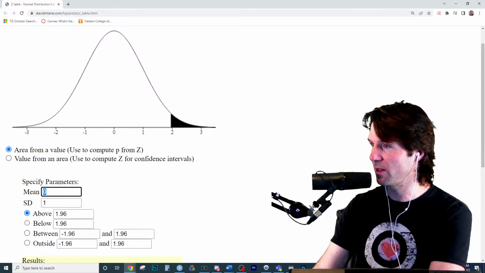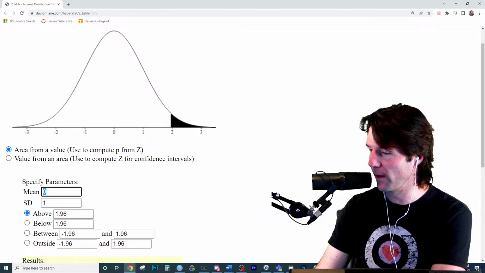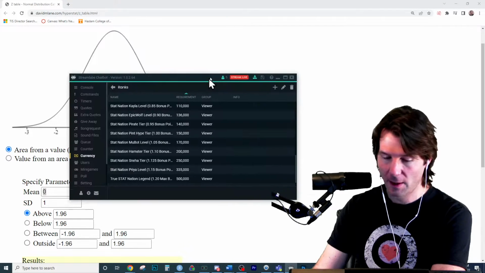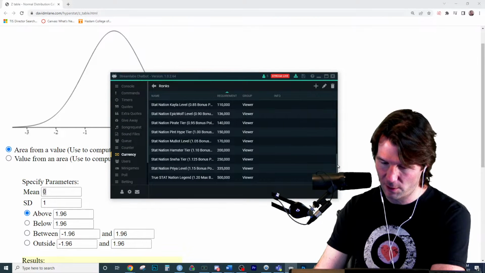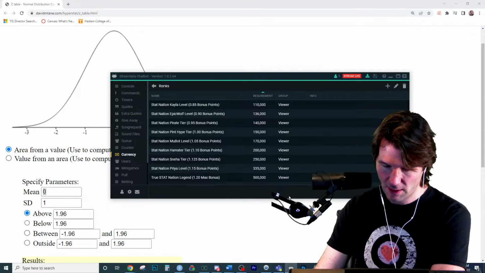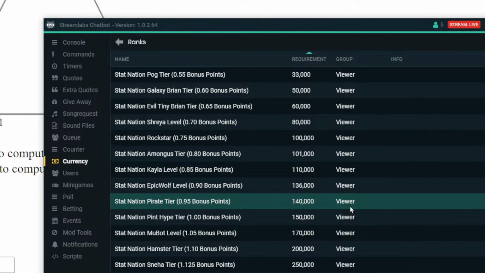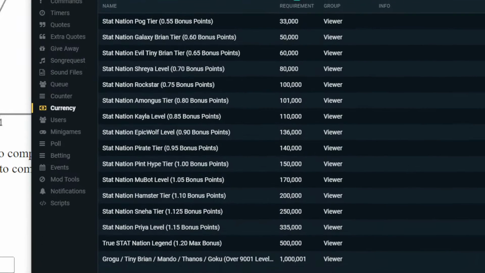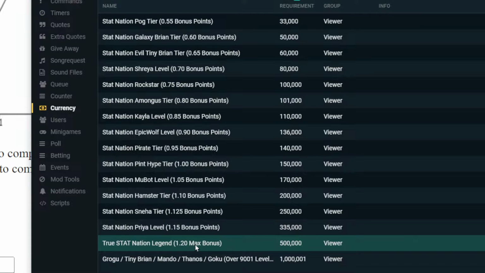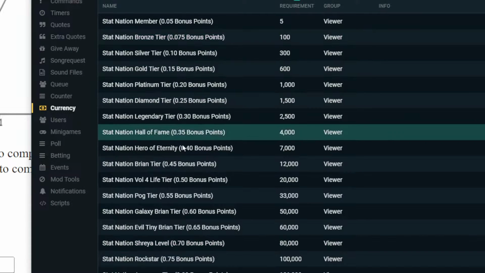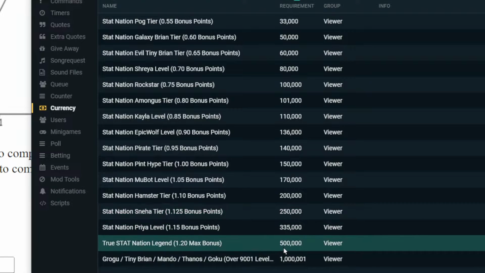Message me on Discord and I'll send you the whole list. Or I can just show it right now. Here is the full list of levels. Yeah, I'm showing the levels. So here's all the levels right here. This is the inside scoop. There's our meme tier right there. And we got True Stat Nation Legend right there. Everything is like Stat Nation this, and then you finally get to True Stat Nation Legend.